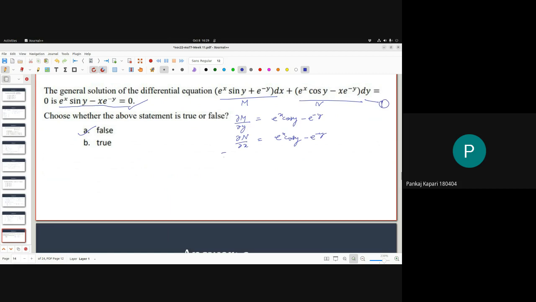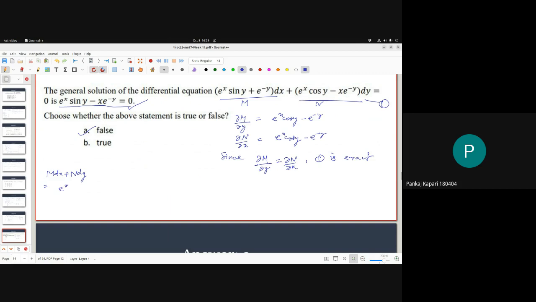So again, since del M over del y is the same as del N over del x, 1 is exact. Okay, so let's find its solution. We have M dx plus N dy. So this can be written as, we will just rearrange these terms.